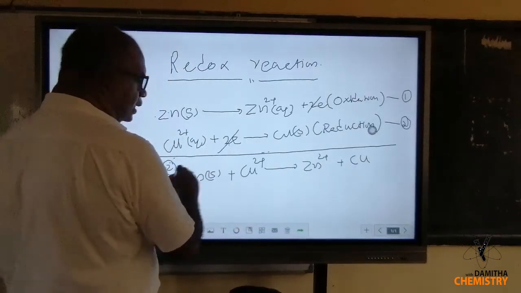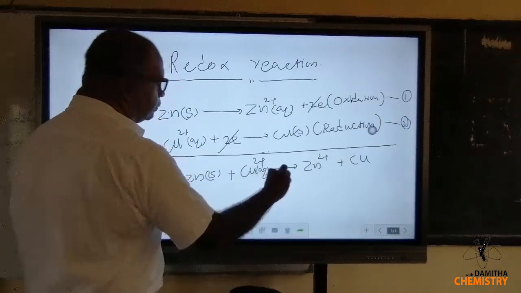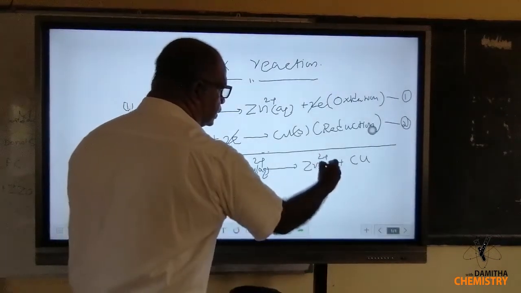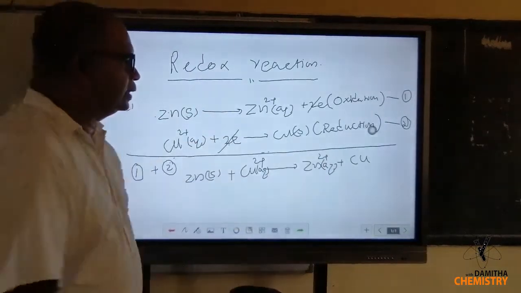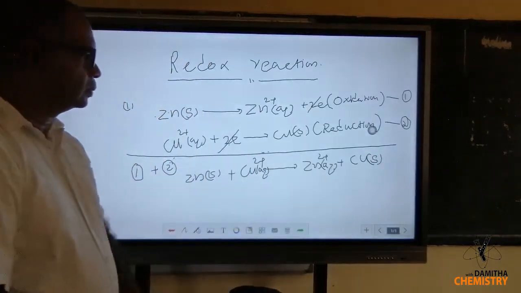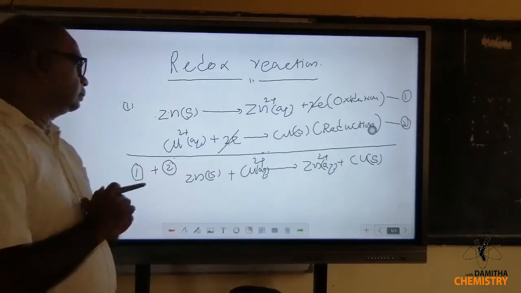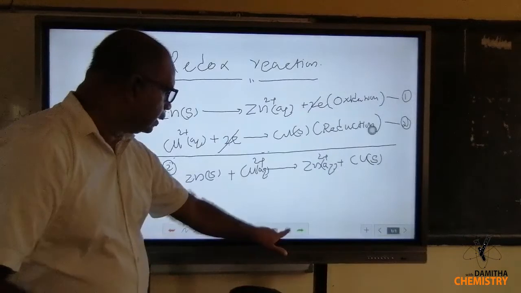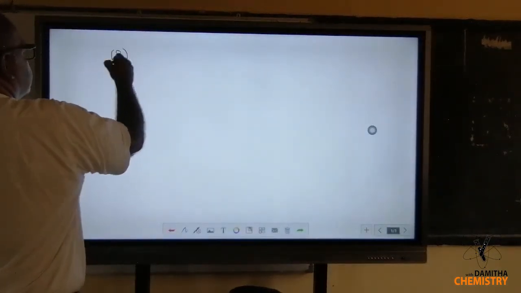The zinc is solid, the copper ion is aqueous. Also, Zn2+ is aqueous and copper is solid. It's okay. I have done the first example. Now, I am going to the second example.